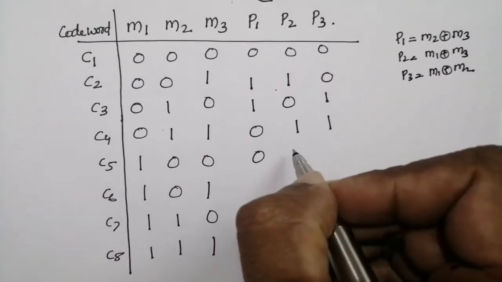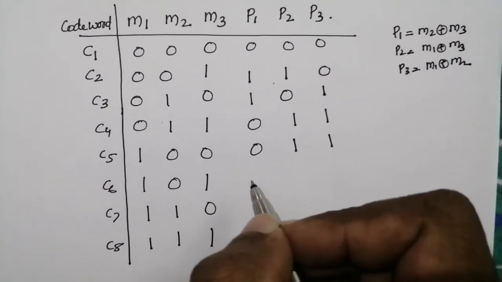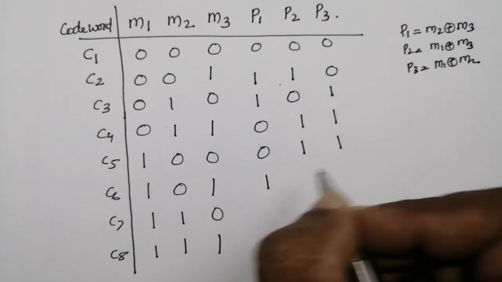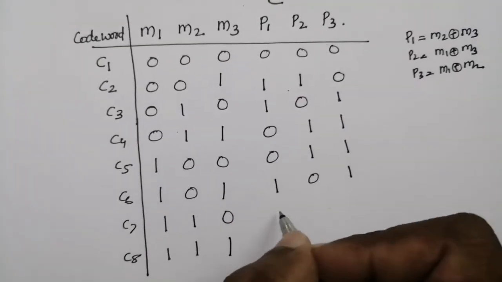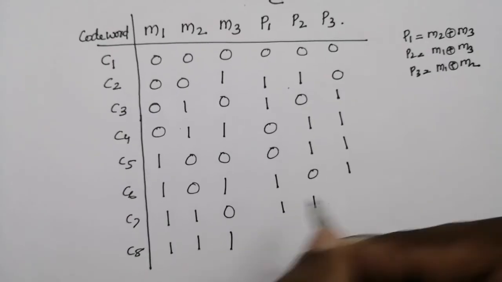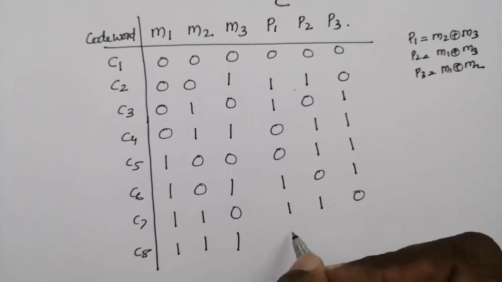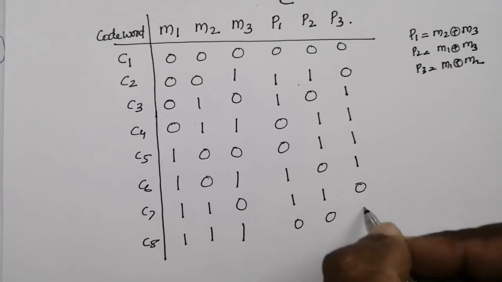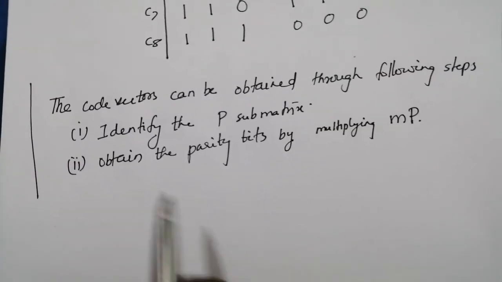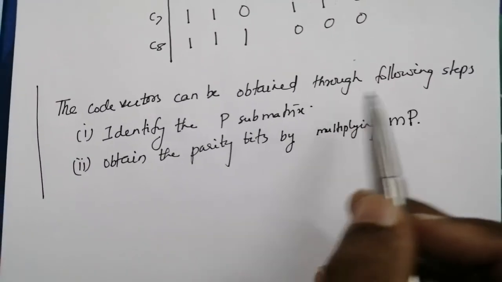This will be 0 1 1. This is 1 0 1 1 1 0, 0 0 0. Thus, code vectors can be obtained through the following steps.